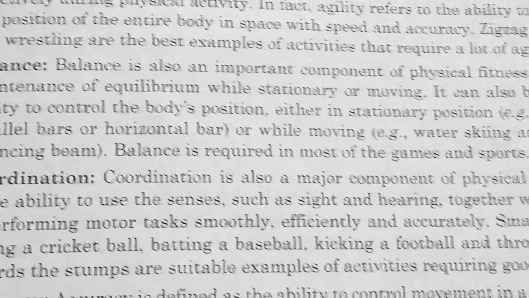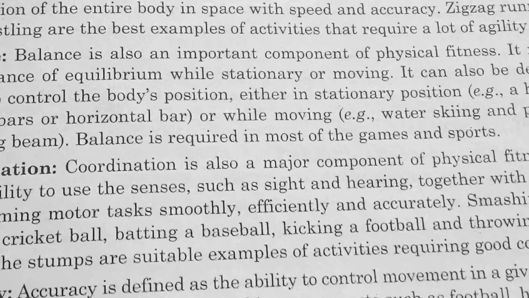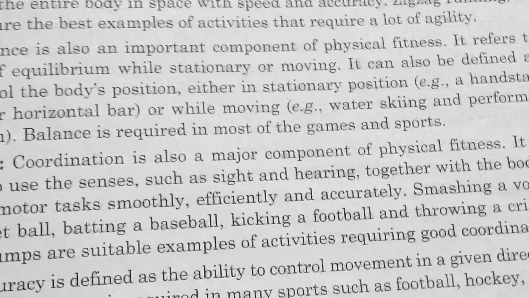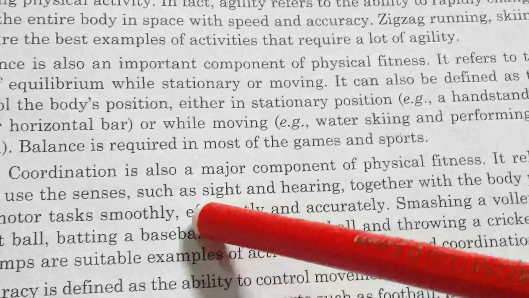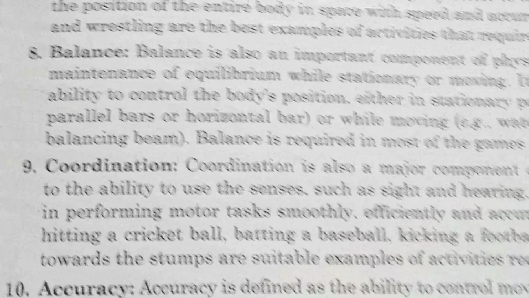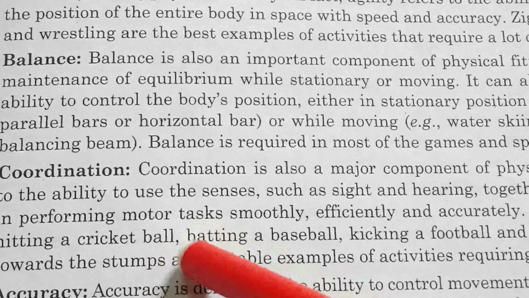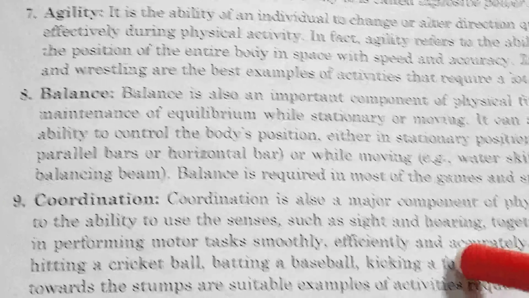So when we perform any kind of activity in this way, we have to coordinate with our surroundings, like our sight and hearing, together with body parts, in performing motor tasks very smoothly, efficiently, and accurately. So that is coordination.